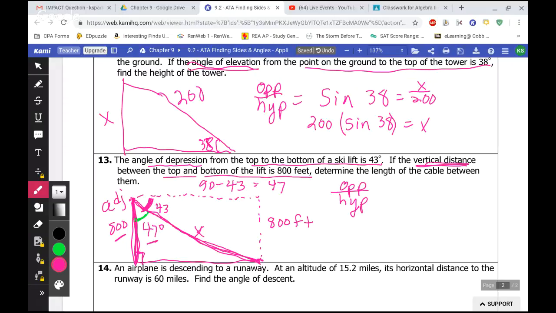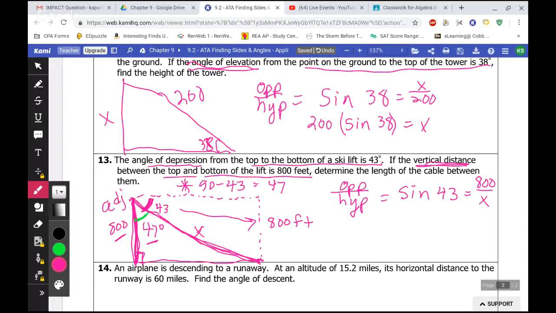So if I use opposite over hypotenuse, which trig ratio is that? Sine. Good job. Sine 43 equals 800 over x. And the other one, I would have used cosine. But you have to make sure you do this step. That's the difference. If I draw my imaginary second triangle, then I can go straight into my trig ratio.